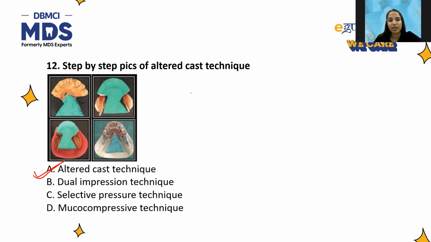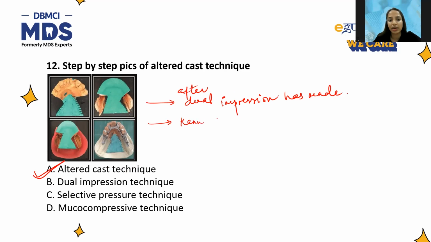Now, altered cast technique is a technique that is used along with dual impression, or rather, after dual impression has been made in the cases of removable partial dentures, which are Kennedy class 1 and 2.